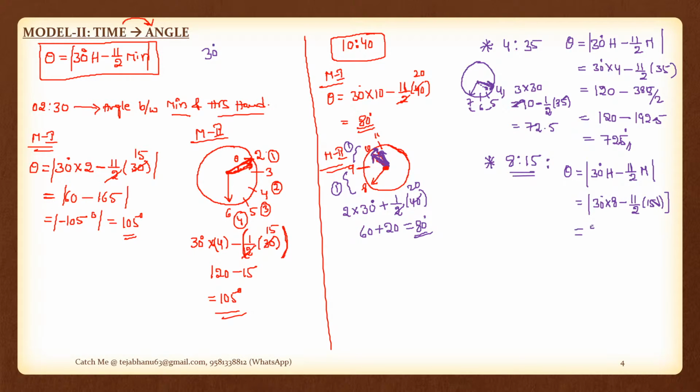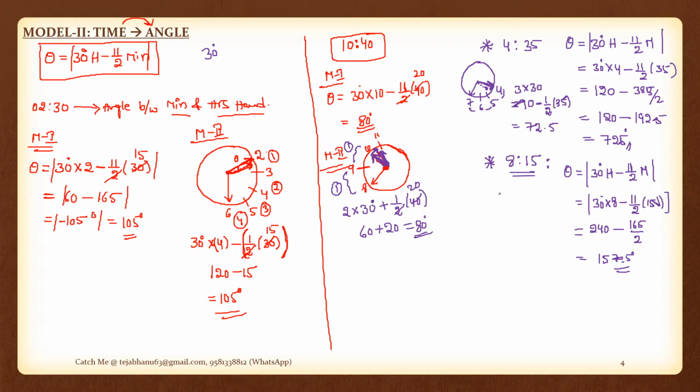That is 240 minus 165 by 2, which is 82.5. 240 minus 82.5 is 157.5 degrees. Right?